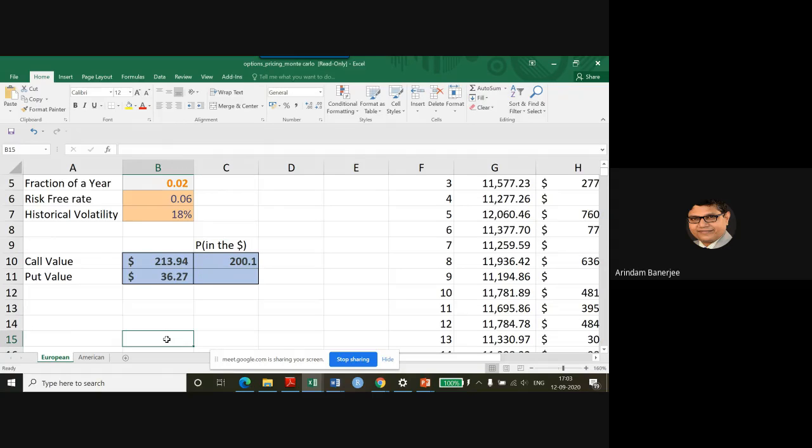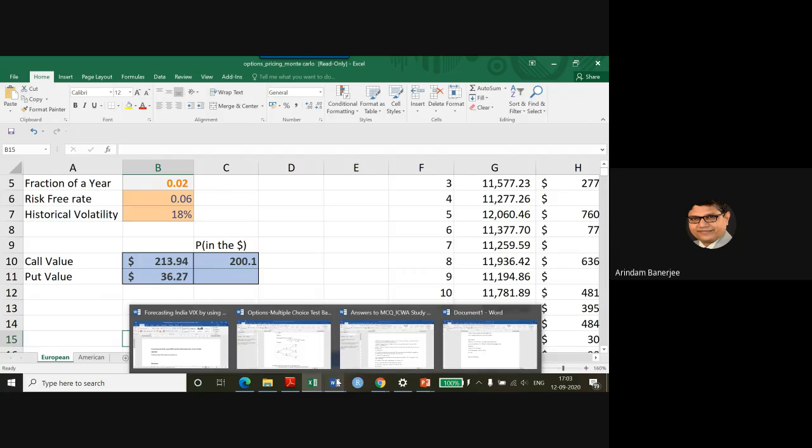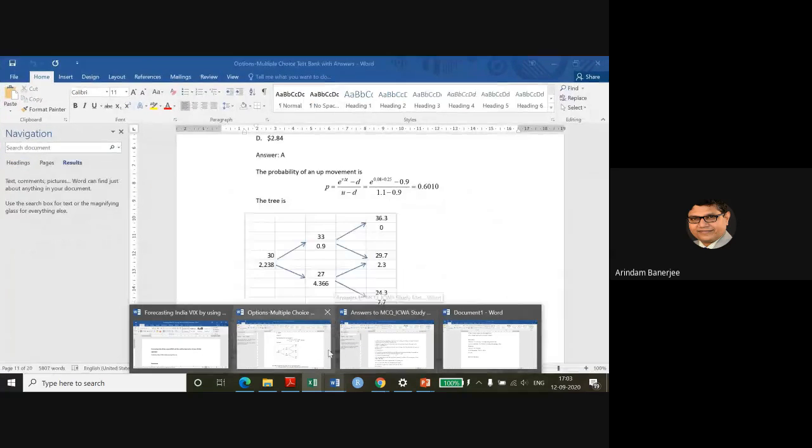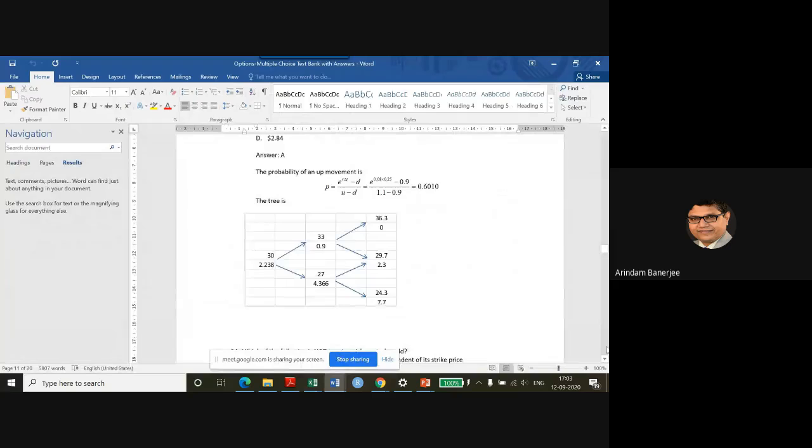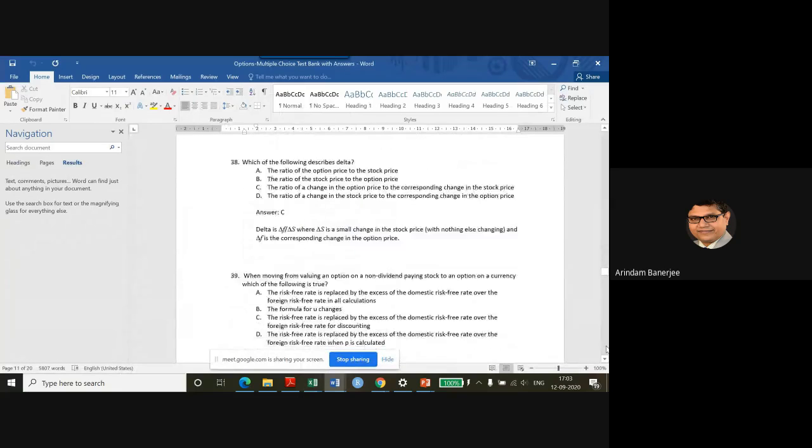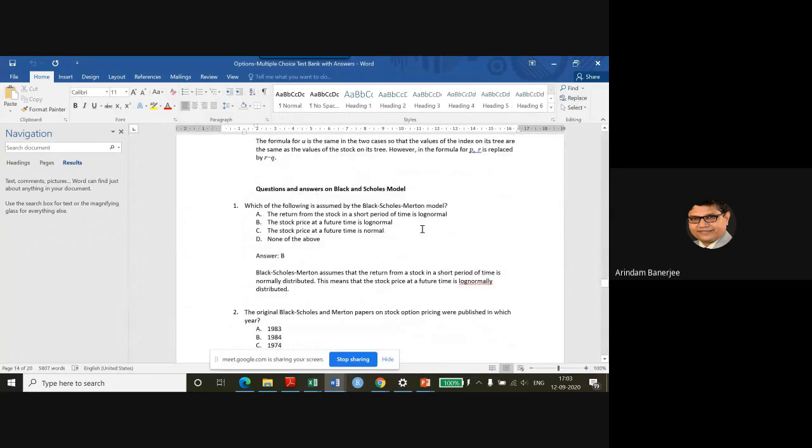So, a few questions on Black and Scholes are given here. Like this, questions, answers and explanations are also given here.